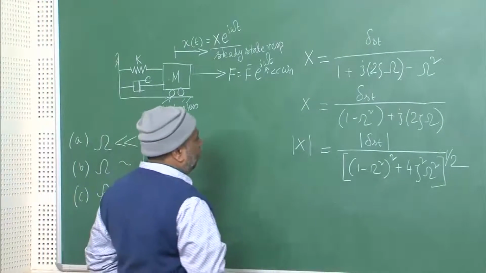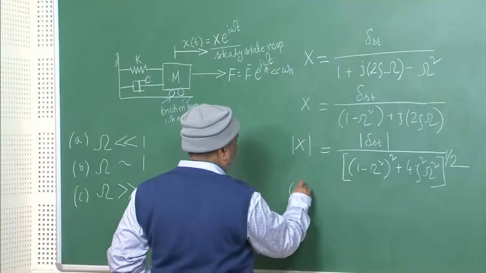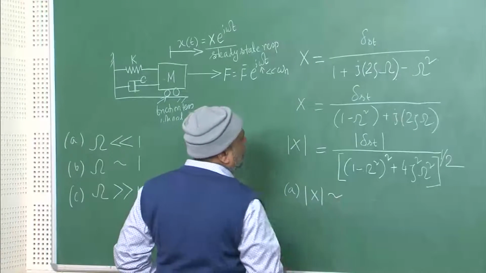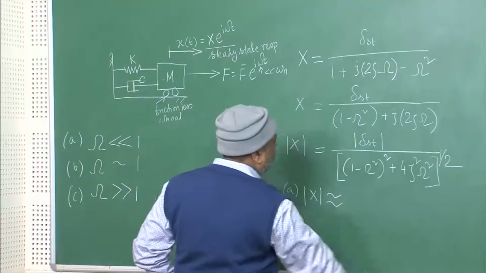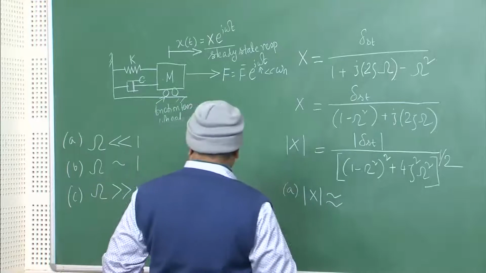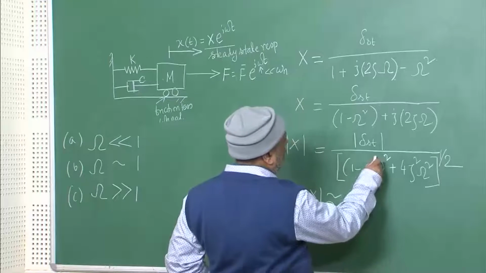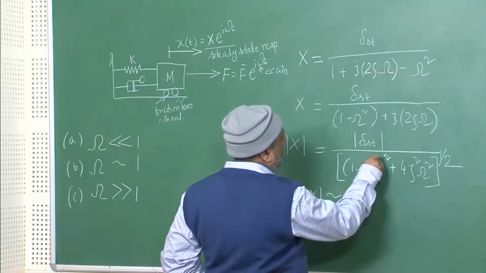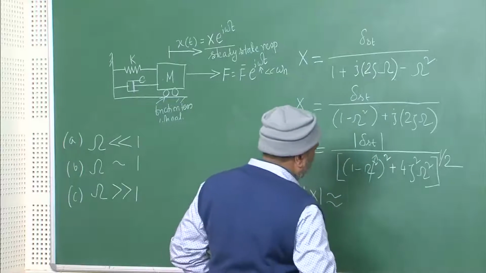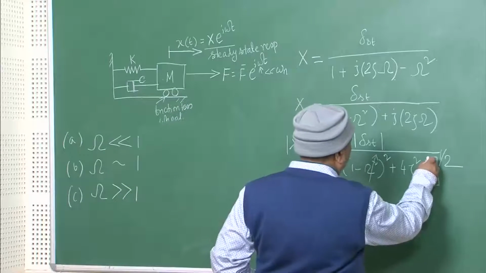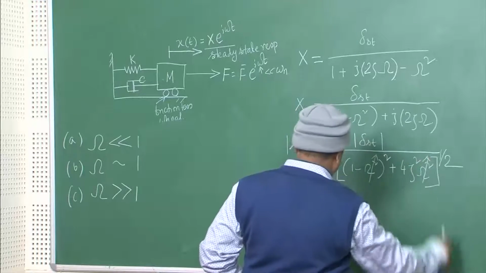If you look at case A, in that case x will be approximately, you can see that omega is very small. So, I can neglect this, omega to the power 4 and omega square also will be very small.